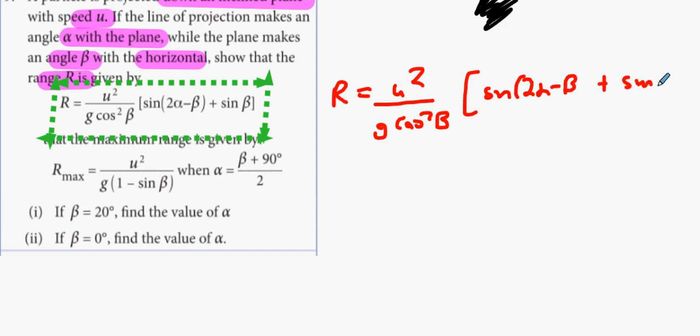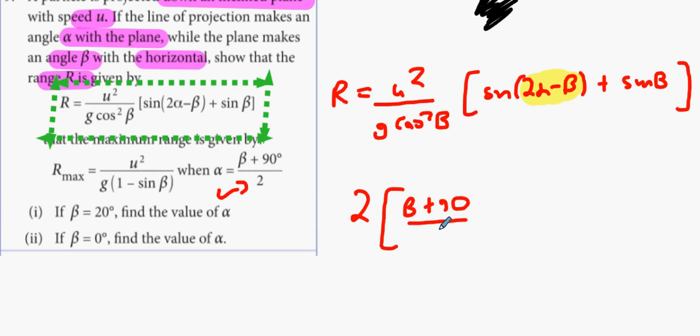Okay, there's actually a hint here. See what it does to alpha? What would be the effect of doing that when you put it in here? What's the effect? Let's try it out. 2 times beta plus 90 over 2 minus beta.